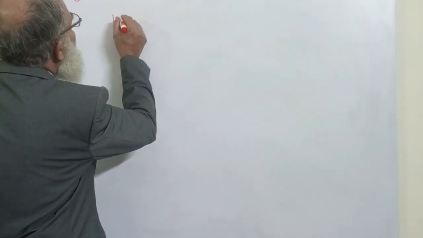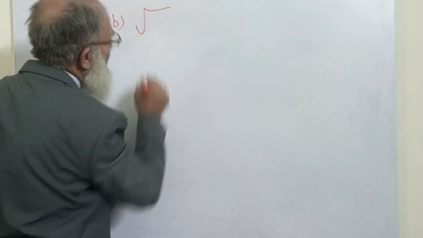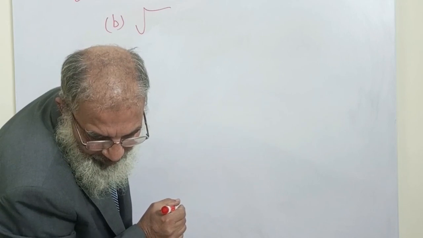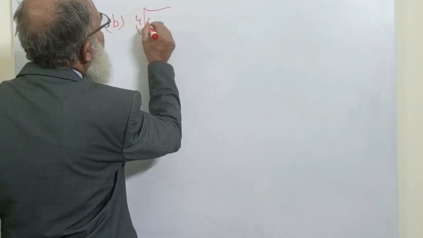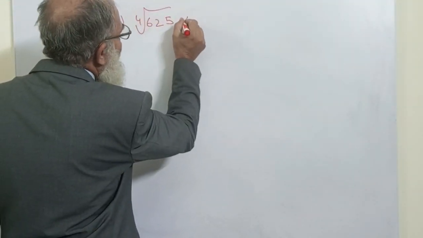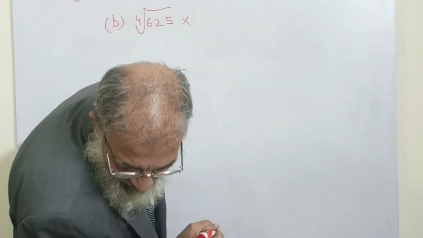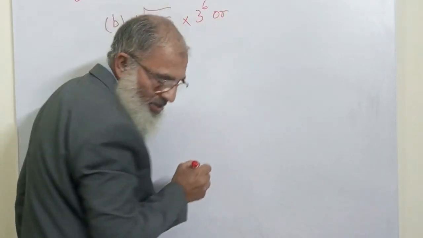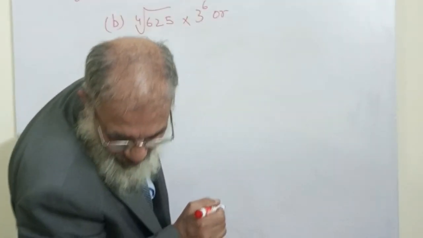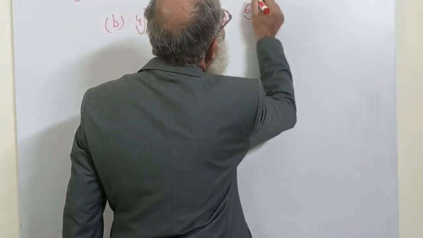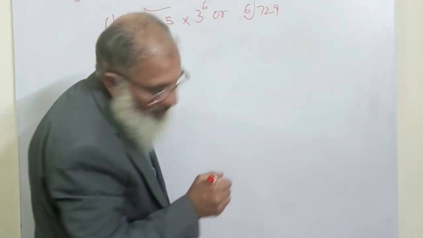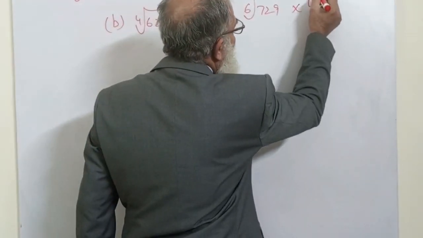Last part, last question. B: fourth root of 625 multiplied by 3 raised to power 6, or sixth root of 729 multiplied by 4 raised to power 4.